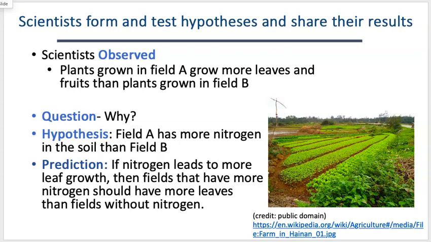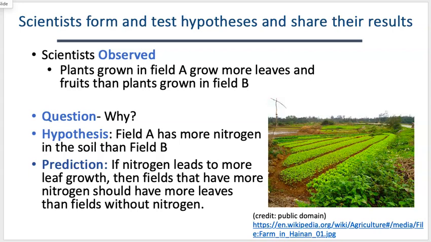They had more leaves, potentially they produced more fruits. In the field right next to it, field B, the plants were significantly smaller, with less leaf growth and less fruit. And let's assume that the plants were exactly the same. Maybe they're tomato plants, for example. So that's an observation that you made.